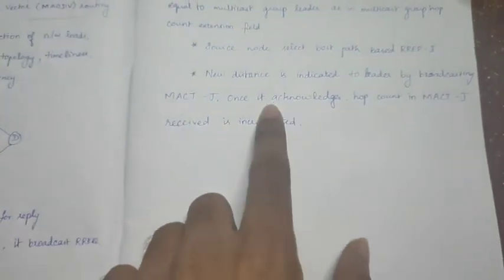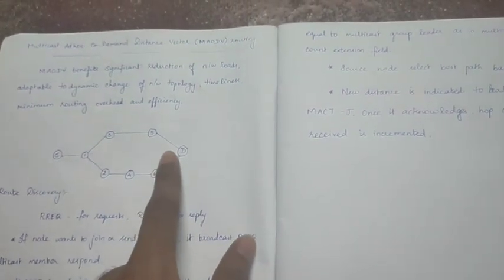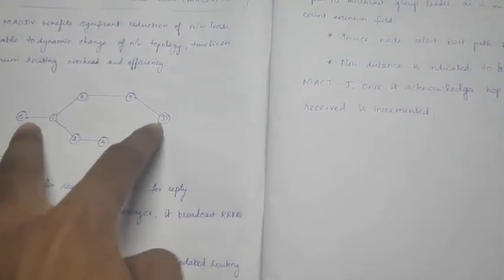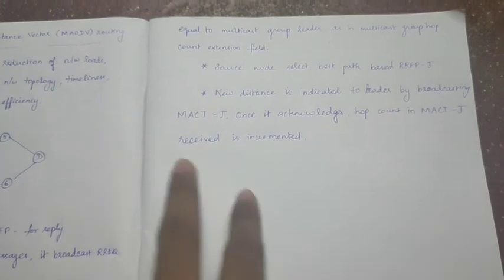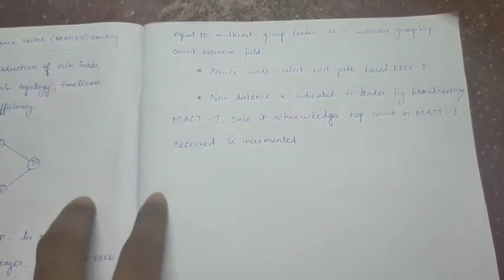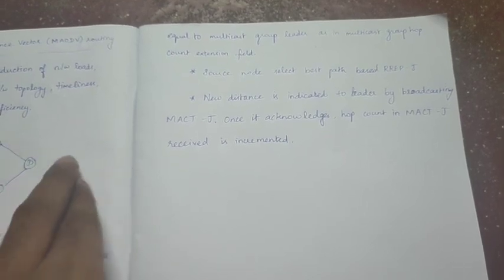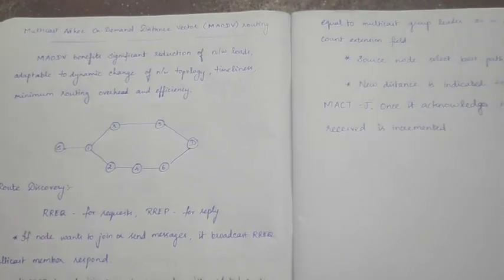Again this hop count is also sent to the source node, and the source node replies back to the destination that it has received this. So the new routing table is updated on both sides. This will avoid any error or looping back occurring in that routing protocol. So that's it for the multicast ad hoc on-demand distance vector protocol.